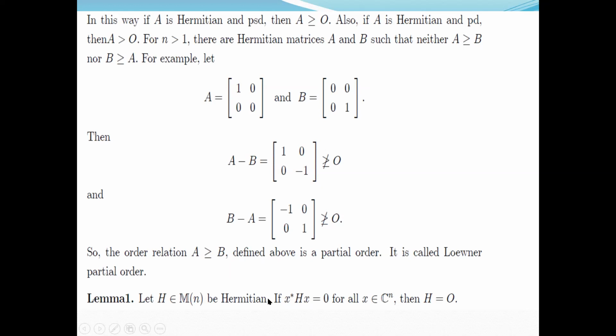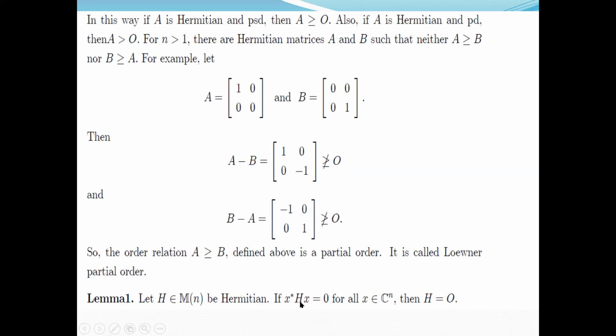Now this lemma which we will use for the next result: if H is Hermitian and x star Hx is 0 for all x belonging to Cn, then H is equal to 0. This is simple. Also we can argue from the numerical range point of view. If x star Hx is 0 for all x belonging to Cn, then H is a scalar matrix.